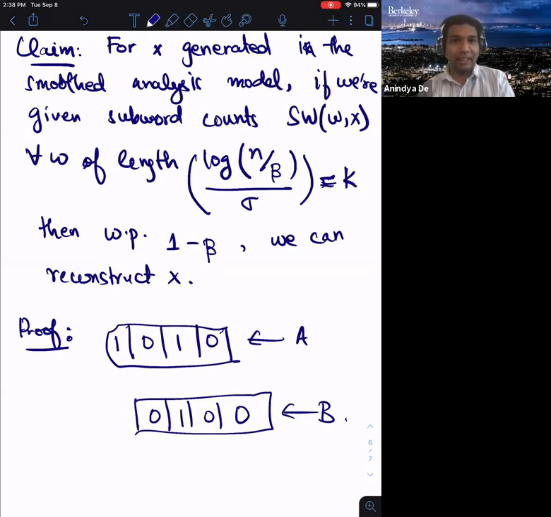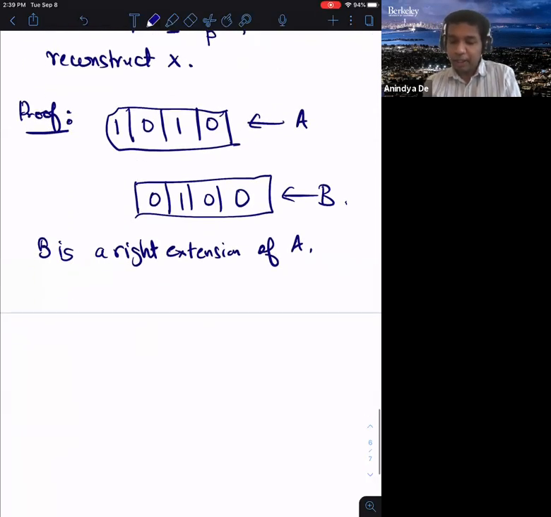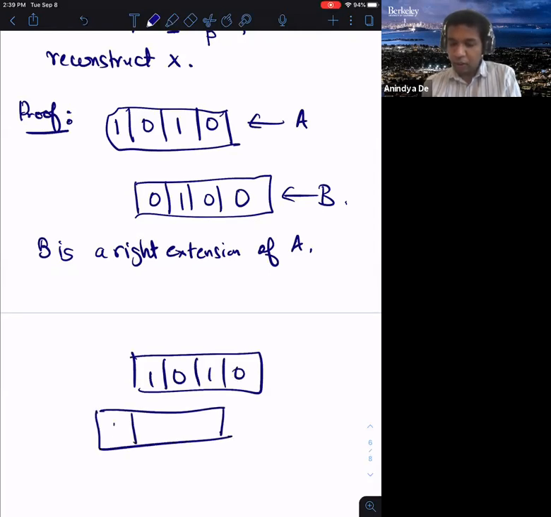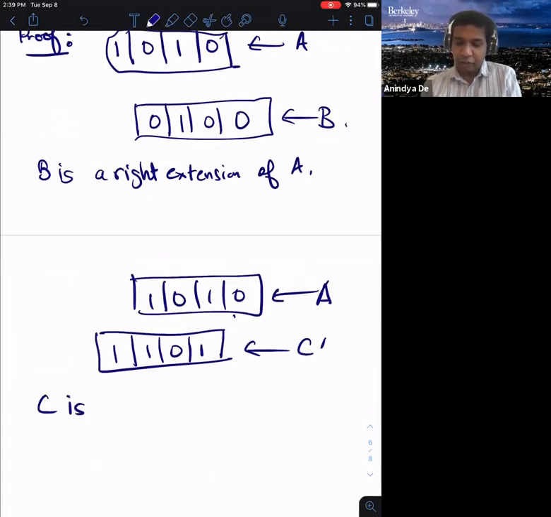That's called a right extension. Similarly, if you start with A, which is 1010, then the string 1101 is a left extension. So if this is A and this is C, then C is a left extension of A.